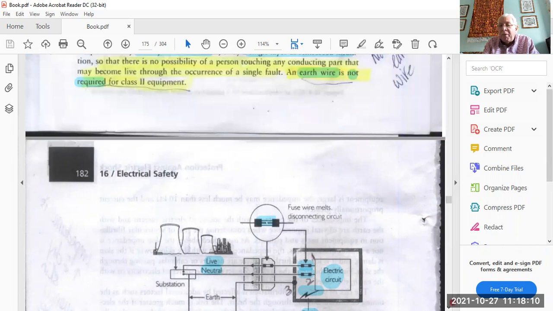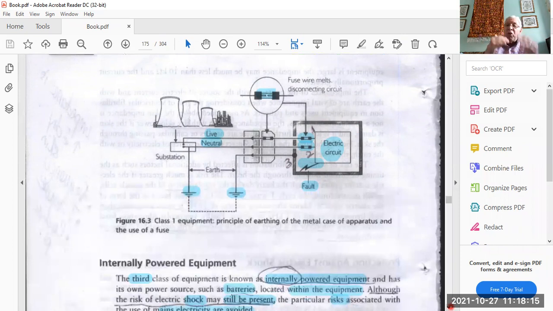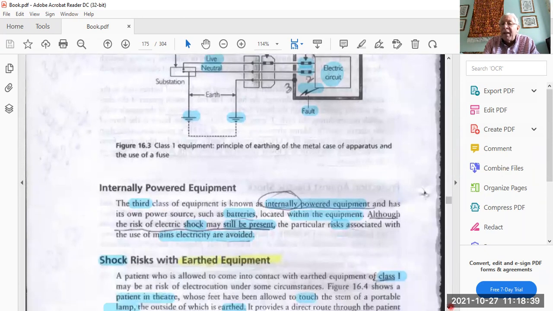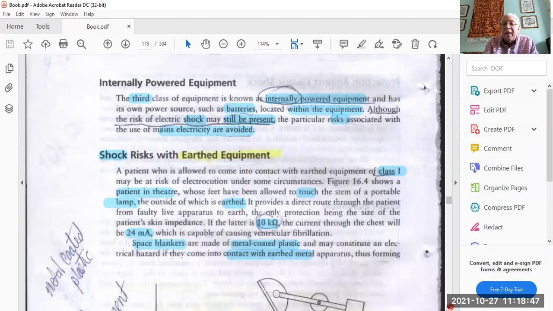But still, of course, if I calculate the current by dividing the potential by the resistance, suppose the potential is 12 volt and the resistance is half a kilo ohm, the current can reach 24 milliampere, causing electric shock. So it does not guarantee against electric shock, but it avoids the hazards of the alternating current.